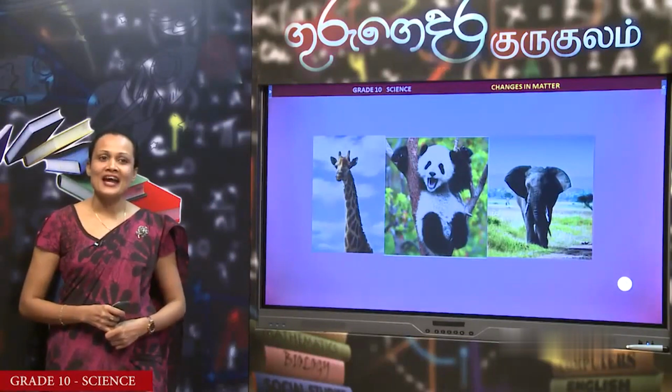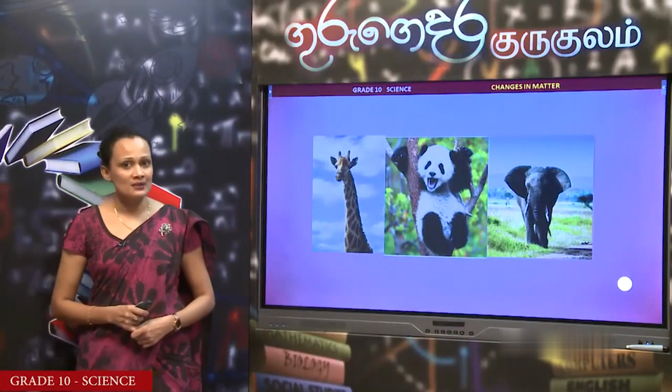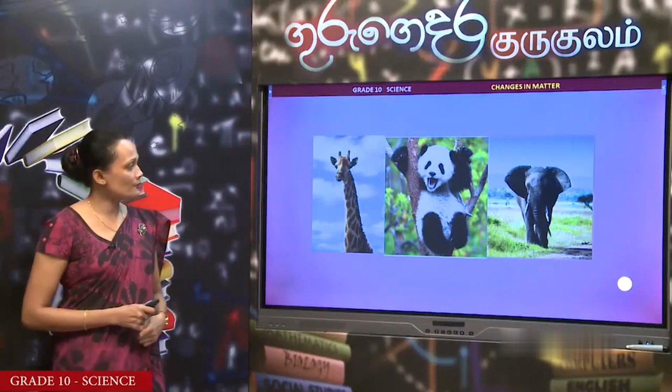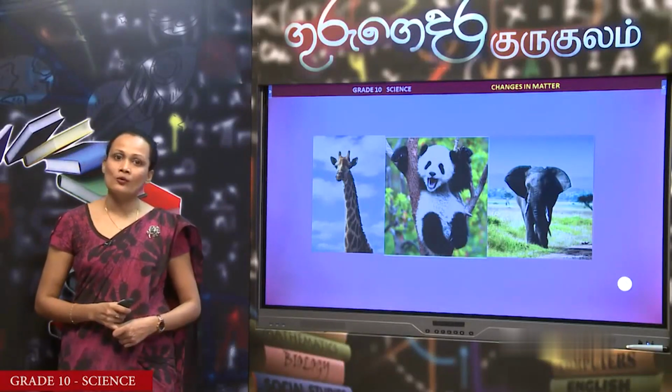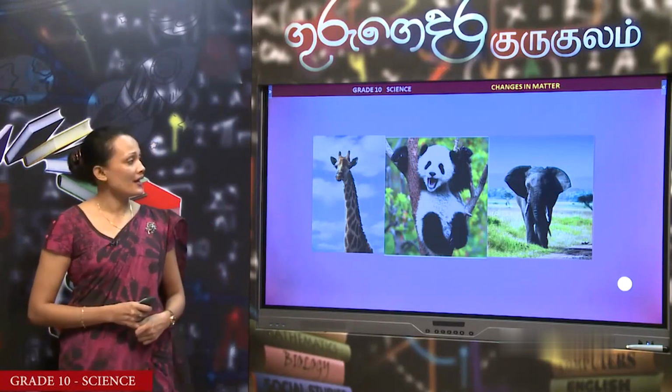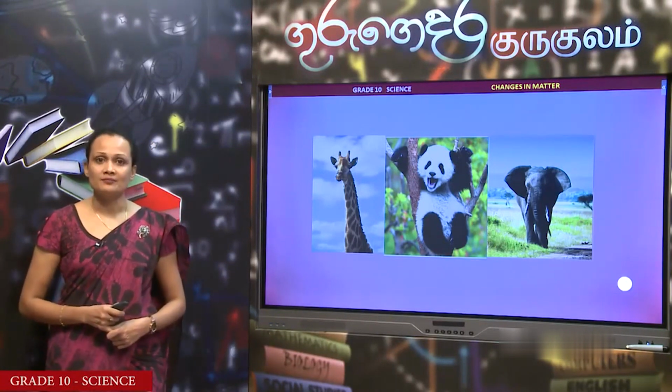You know, animals. There are a lot of animals we can find in our surroundings. All these animals are also solid matter. Here are a few examples of animals that belong to solid matter: giraffe, panda, elephant.